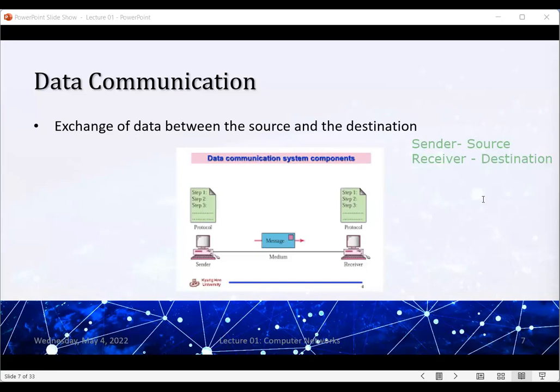For a successful communication, both source and the destination should be aware of the message, how the message reads, how the message is created. It should be known by both parties. I mean, it should be known by source and the destination. Otherwise, the message cannot be read by both parties.